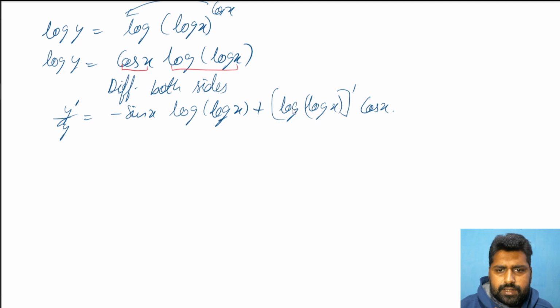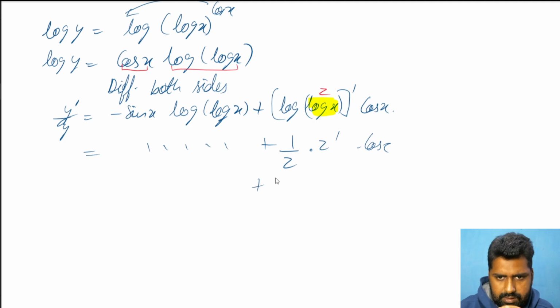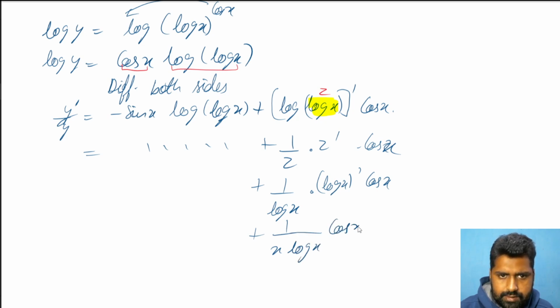First function that comes is log, leave it, and whatever is present inside, consider that to be your z. So log z differentiation is 1 by z into z dash into cos x. Put the value of z. z was log x, and log x differentiation is 1 by x. So it is 1 by (x log x) cos x, and this expression we have to copy, minus sin x log (log x).